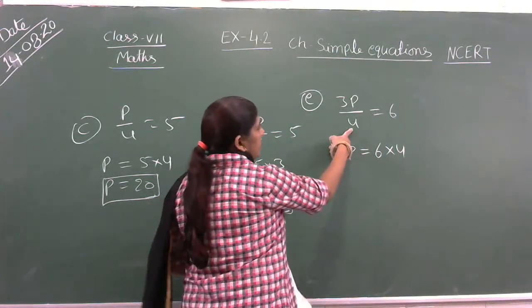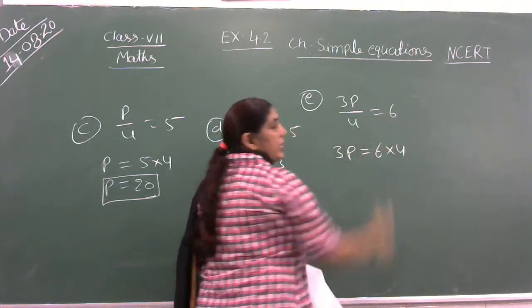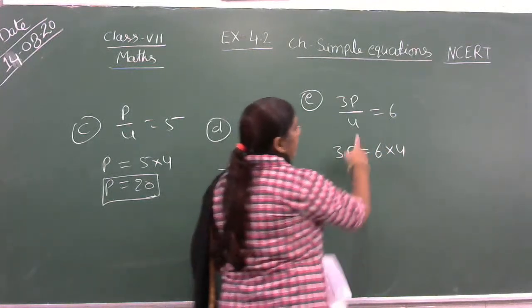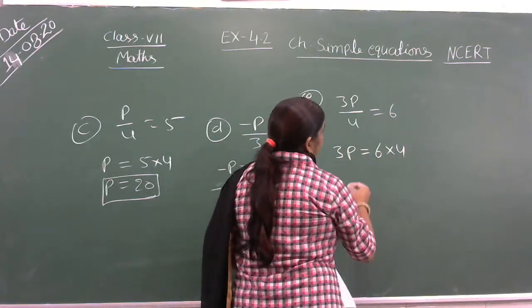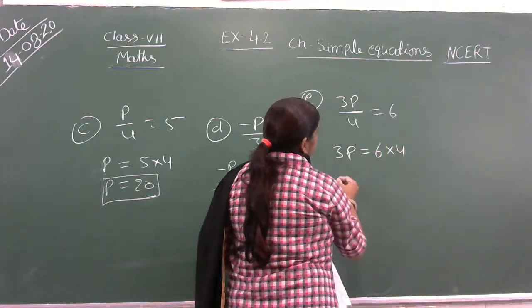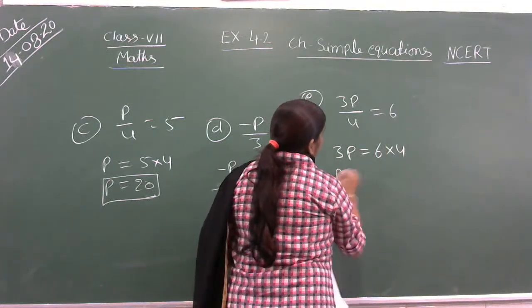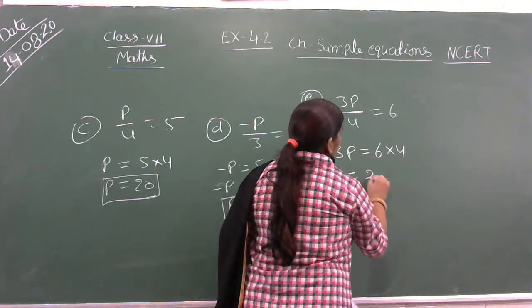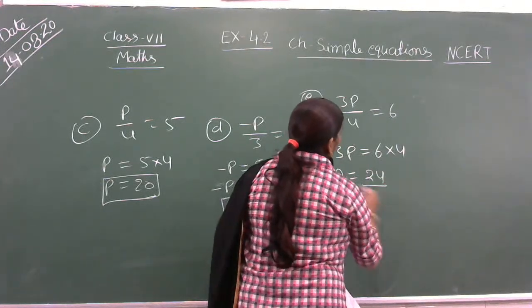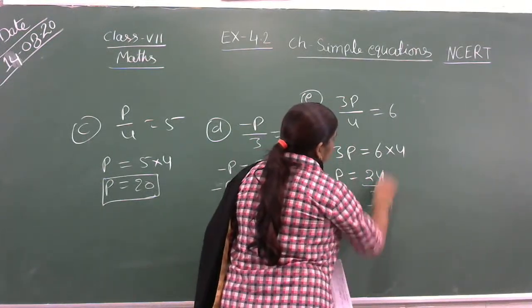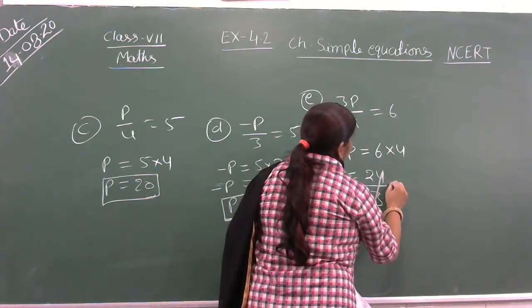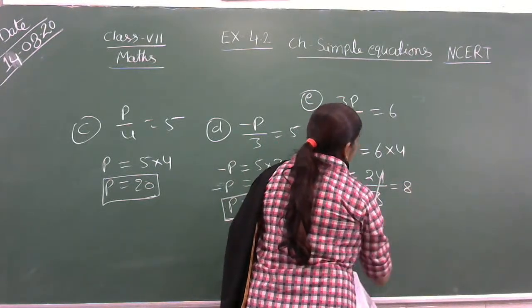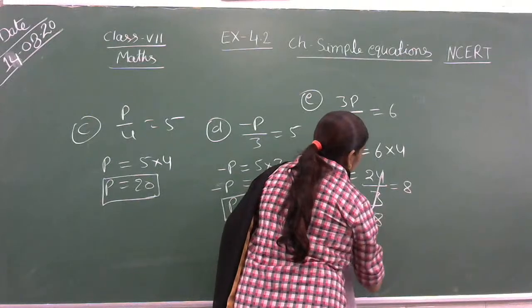Given here division, then moving across equal, it will be multiplication with 6. So p equal 24 upon 3, given here multiplication. Answer will be 8. P equal 8.